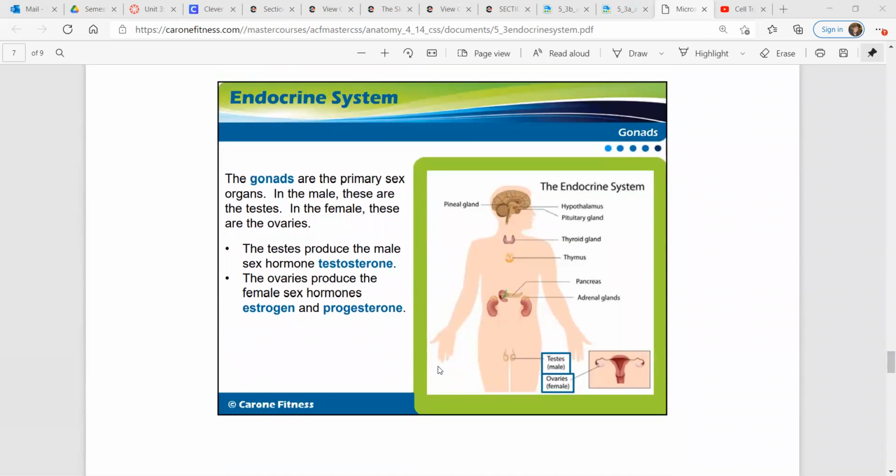The gonads are the primary sex organs, like we've talked about before. In the male, those are the testes. Females have ovaries. The testes produce the male sex hormone, testosterone, while the ovaries produce the female sex hormones, estrogen and progesterone.